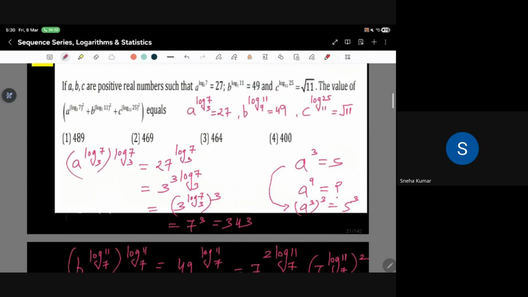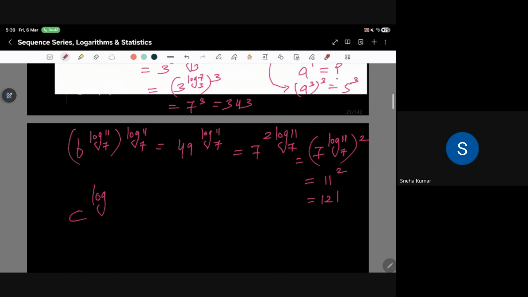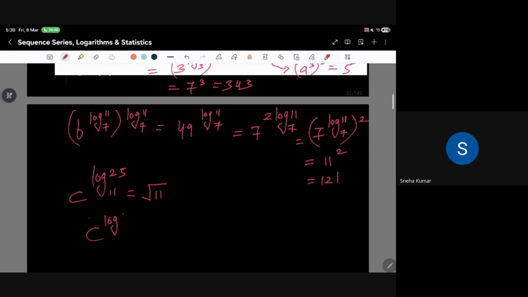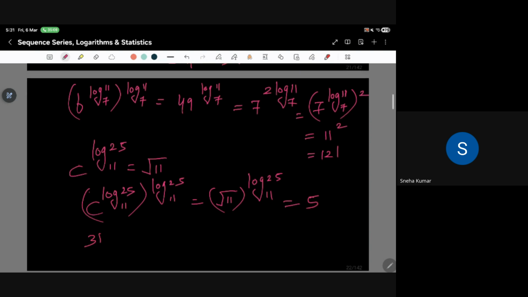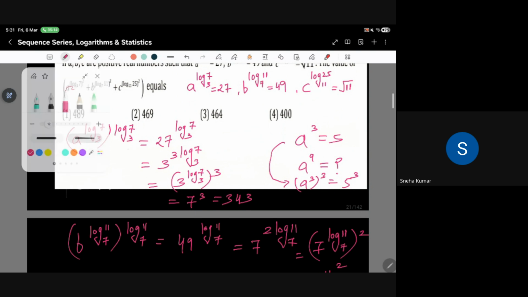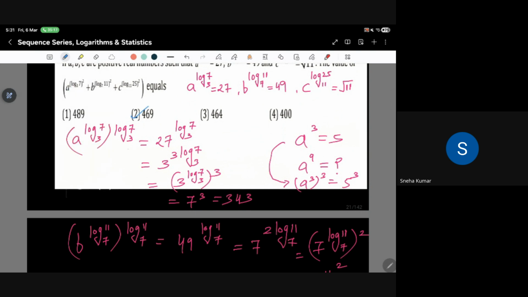And the last one, c to the power, when you simplify, again the same thing, we will get 5. So the total will be, which comes out to be option B. Yes, any doubt here in this, anyone?